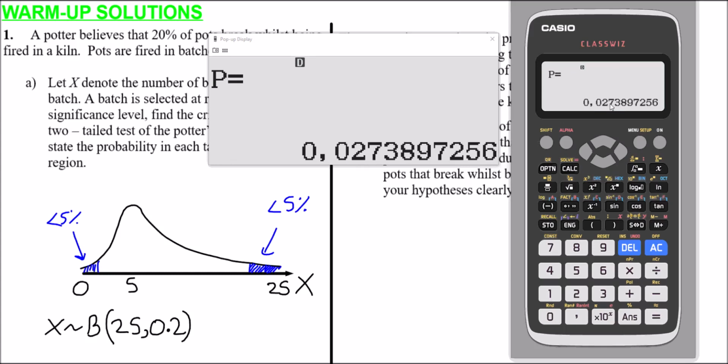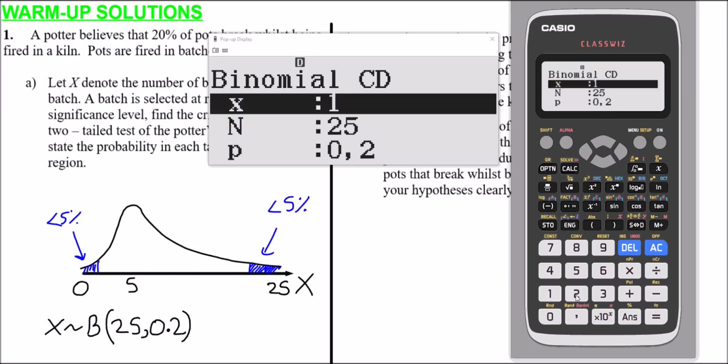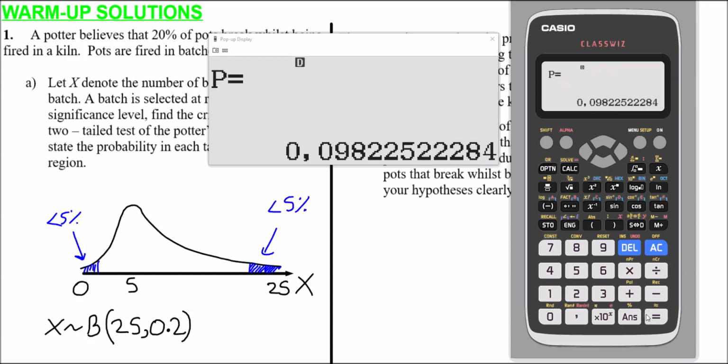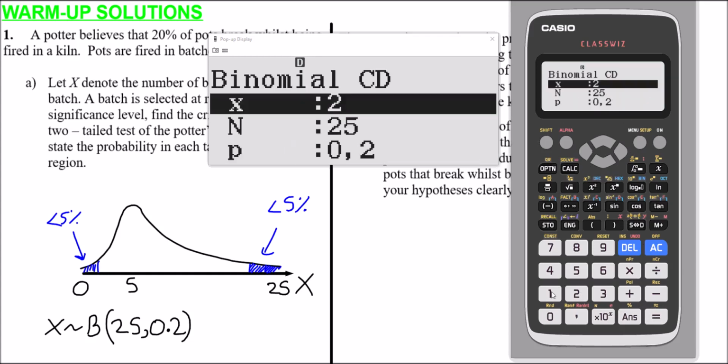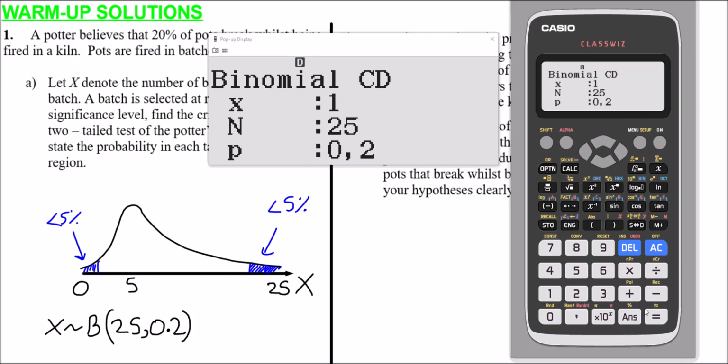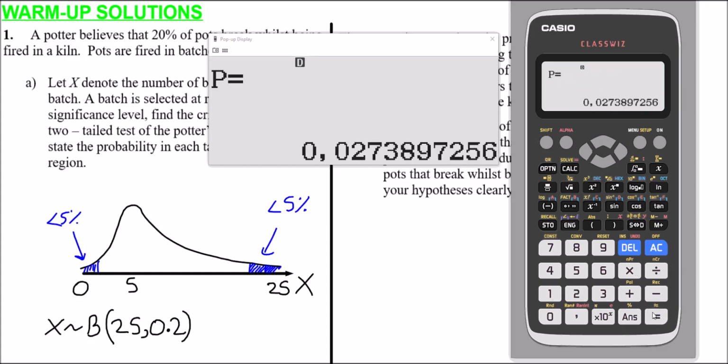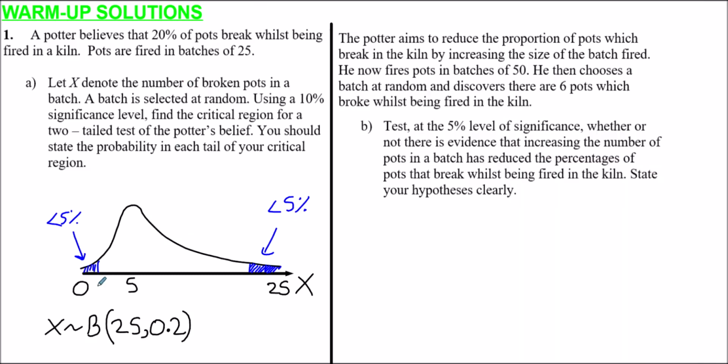Could we go up to 2 and still be under 5%? Well, no we can't. That's about 10%. So the closest we can get to 5% without going over is 1. So therefore, down at this end, the critical region would be x being less than or equal to 1. So that's the first bit of the critical region.